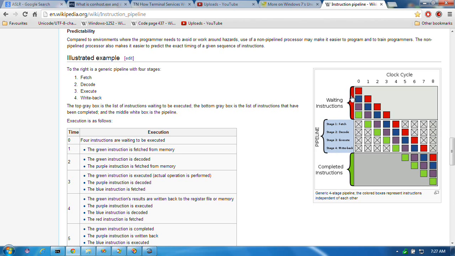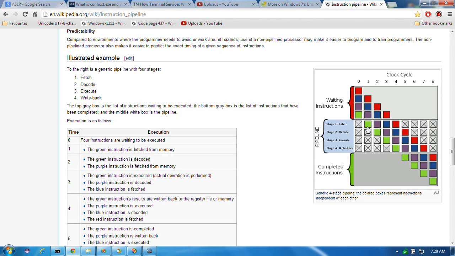Now at time 0, nothing's happening yet. So there are 4 separate instructions being executed. Now, at clock cycle 1, the first instruction has been fetched, and the other 3 aren't doing anything.